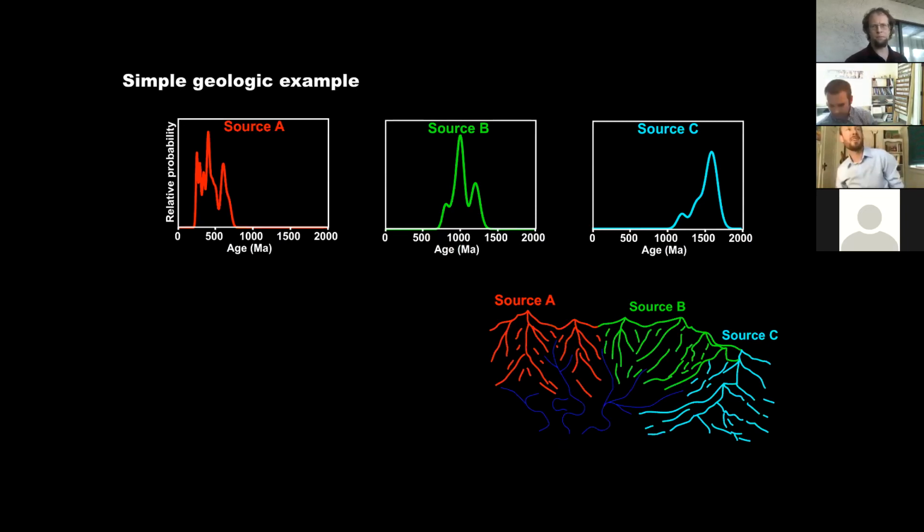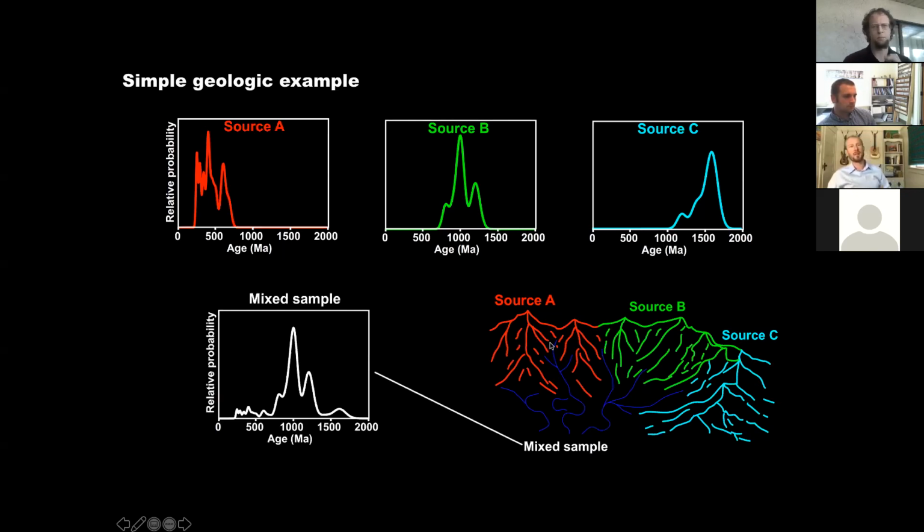Okay. Yeah, so let's just imagine that we have some source to sink system here. The source terrains are characterized by 3 very different age distributions: source A, source B, and source C. These are just some eroding mountainous terrain, and those sediments and detrital zircons are being deposited in some local basin.